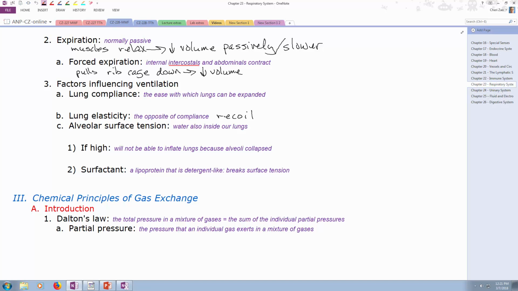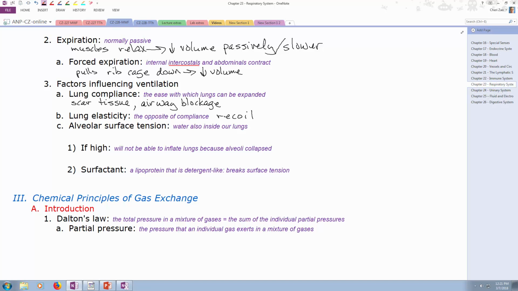So lung compliance is going to be affected by scar tissue. It's going to decrease lung compliance. It's also going to be affected by airway blockage, when people have bad asthma or an infection, for example, and let's see, ease with which lungs can be expanded.